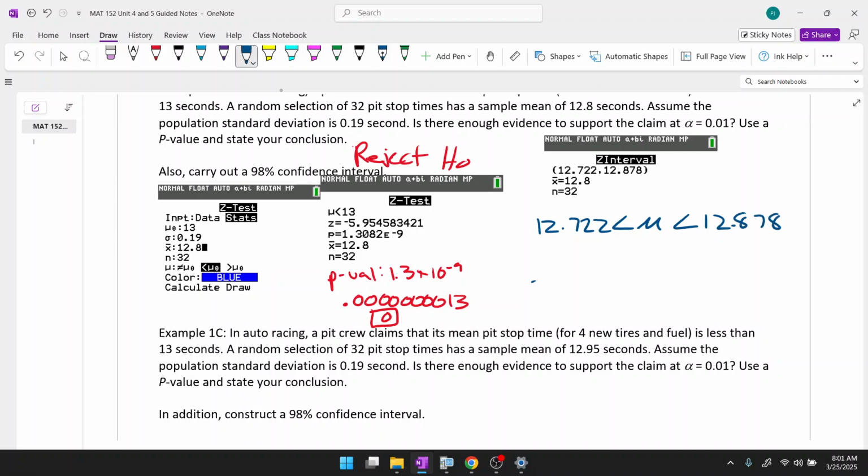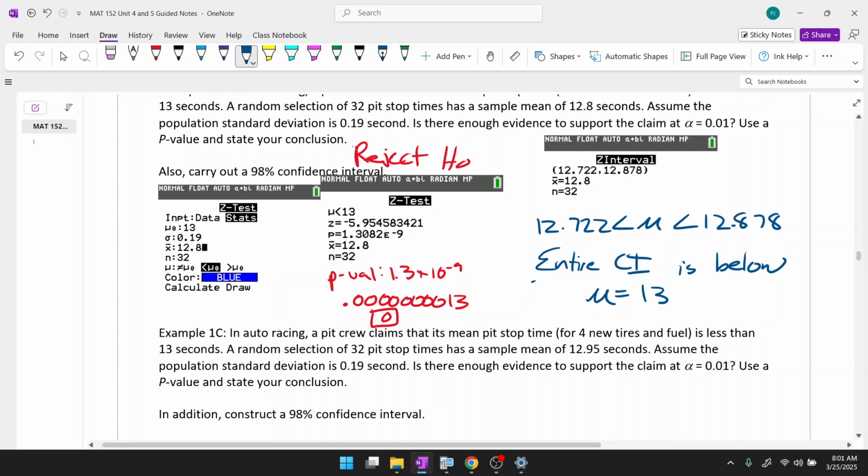Now remember, the alternative hypothesis was less than, and this entire confidence interval is below 13. And the significance of 13 was, well, that's our claim mean. Our claim mean was a 13 for this.